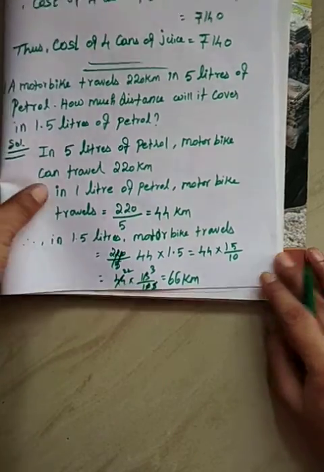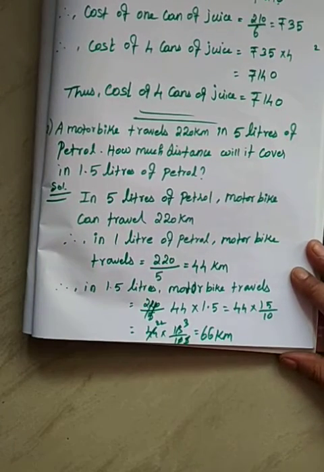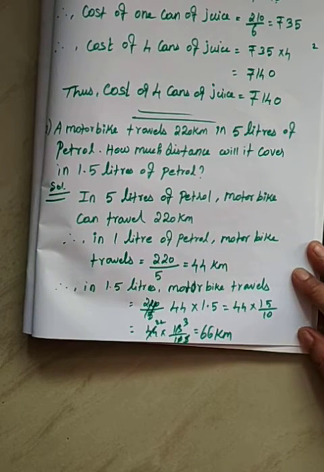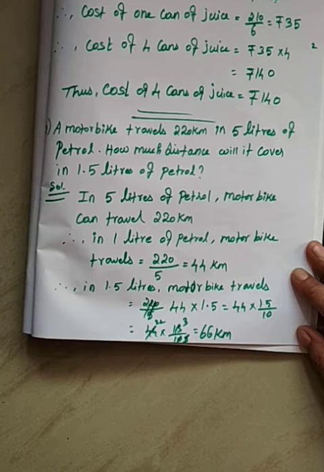Everybody clear? Okay. See, what is the question? The motorbike travels 220 kilometer in 5 liter of petrol. So, totally the motorbike covered 220 kilometer in 5 liter of petrol. Now you have to find how much distance will it cover in 1.5 liter of petrol. See, first of all you have to find 1 liter of petrol. How many kilometer covered?